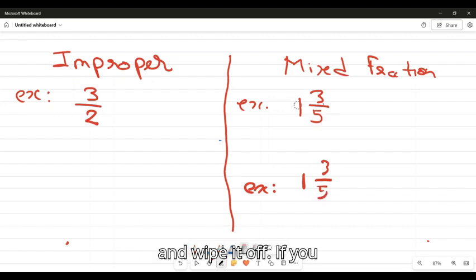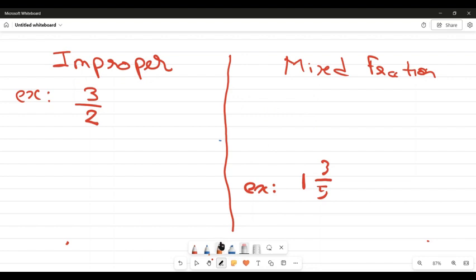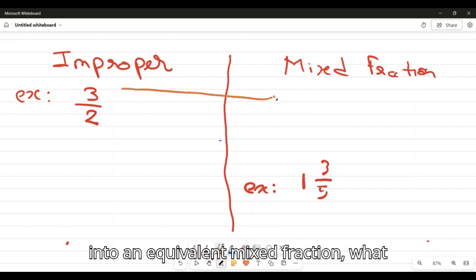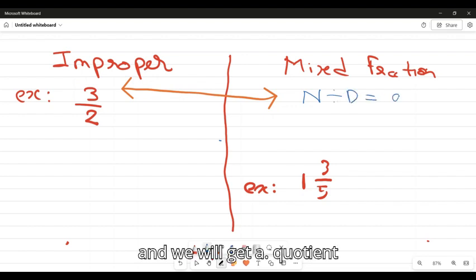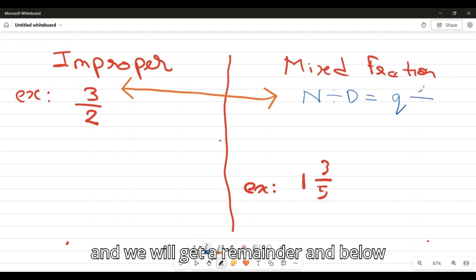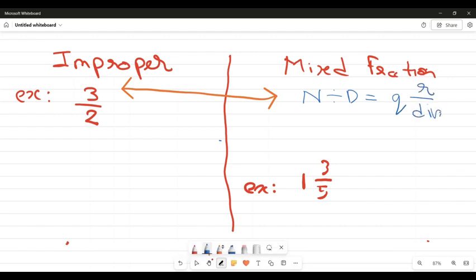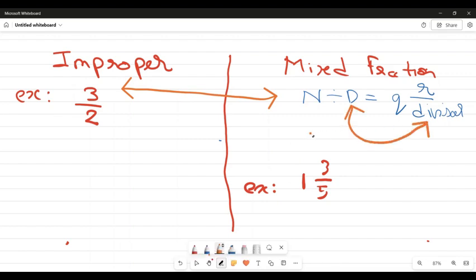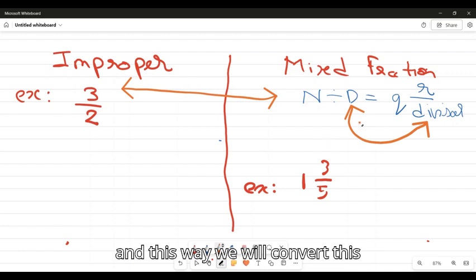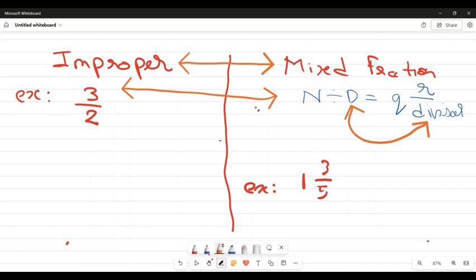If we want to convert this into an equivalent mixed fraction, what will we do? We will divide the numerator by the denominator. And we will get a quotient, and we will get a remainder, and below will be the divisor. Divisor, of course, will be the denominator itself, always. And this way we will convert this improper fraction into a mixed fraction.